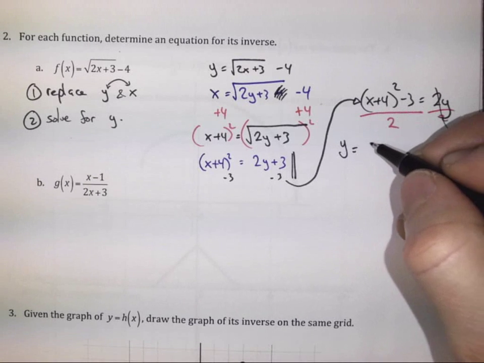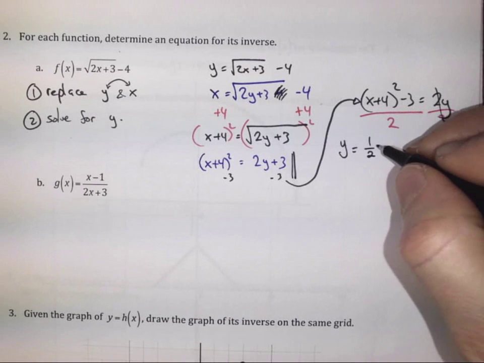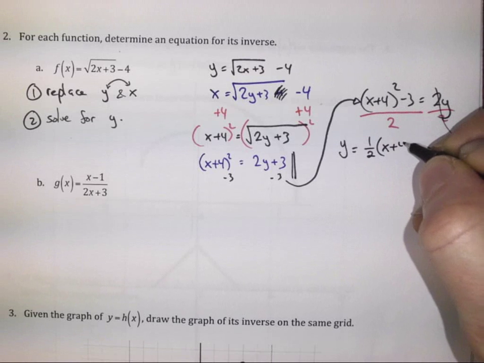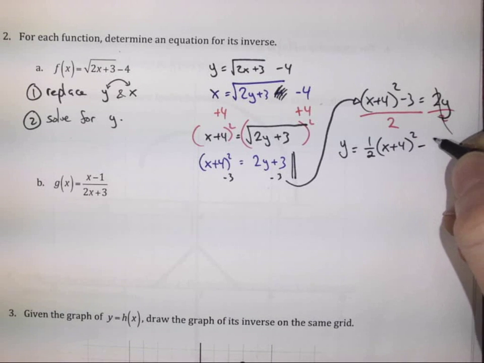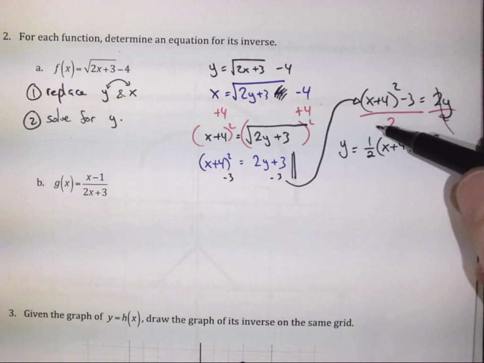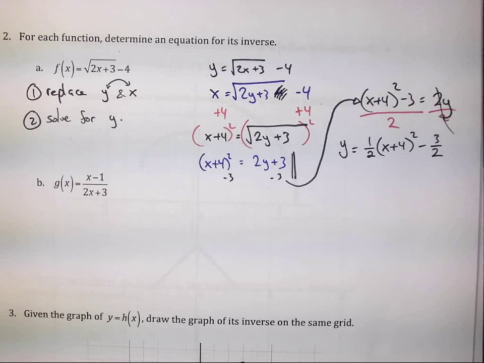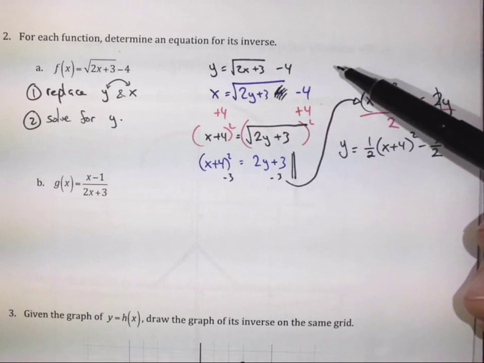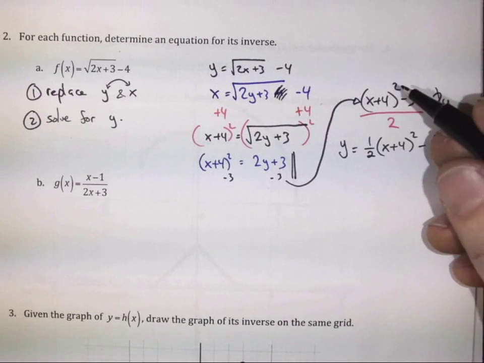It's equal to 1/2 of x plus 4 squared minus 3.5. Now, technically speaking, if you kept it in this form, it is true. I didn't ask you to simplify, so this is fine in this case.